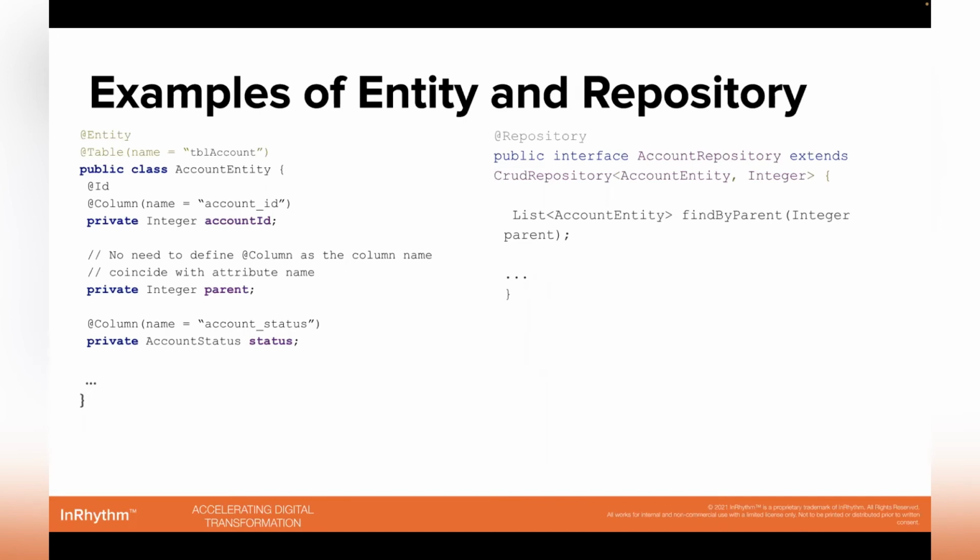Also, in my example, you see that our primary key is simple, a one-field primary key. With JPA, you can also specify complex keys where you have multiple fields as a key. In that case, you need a separate class where you specify your key attributes, and instead of this integer, you put that class.